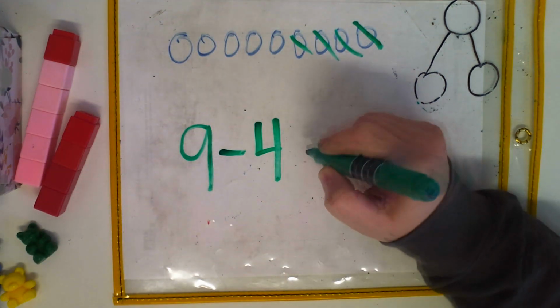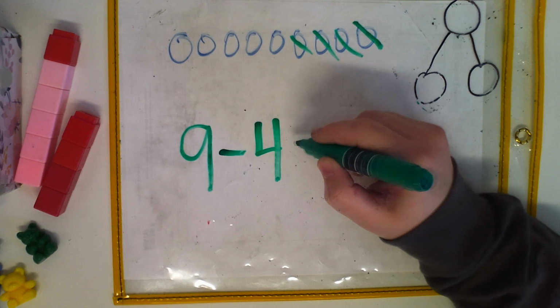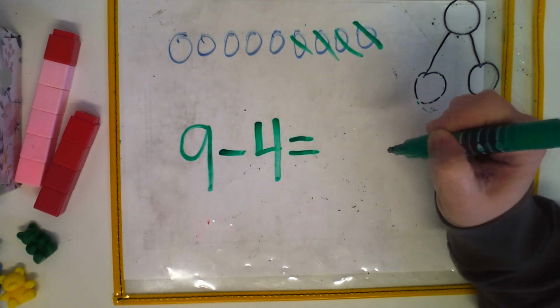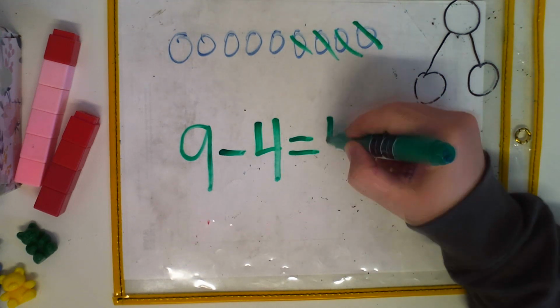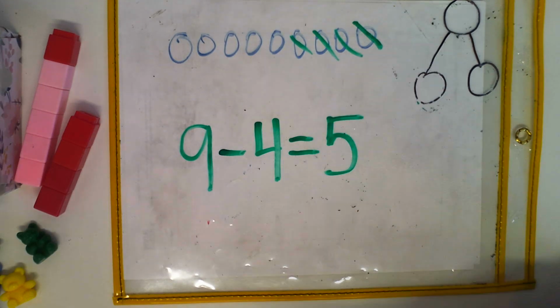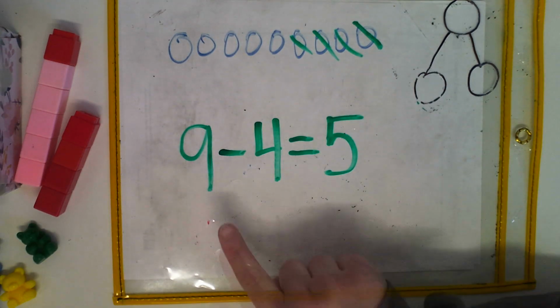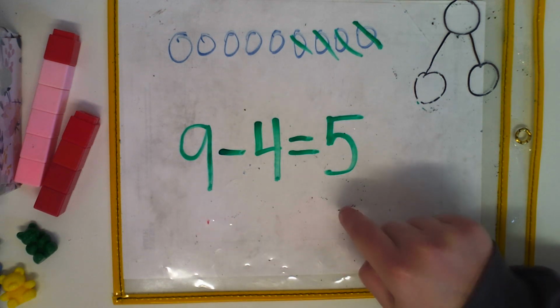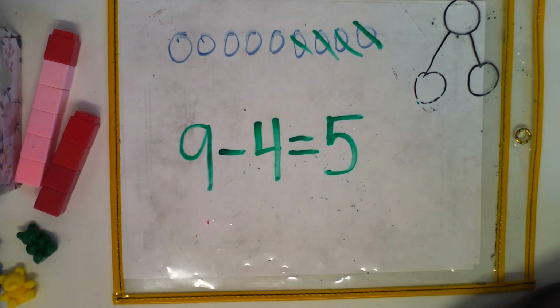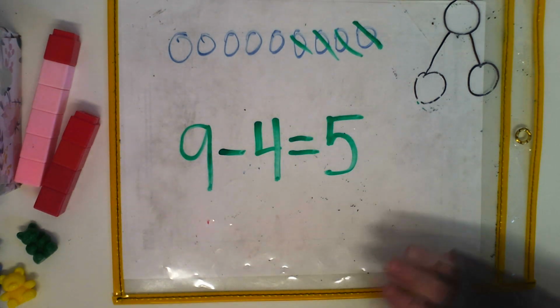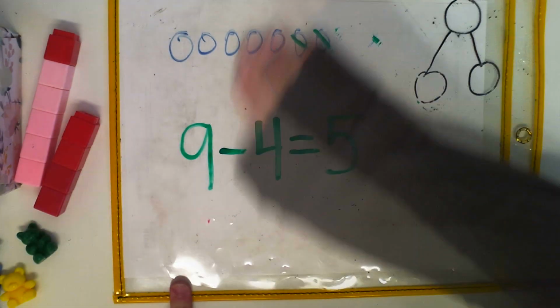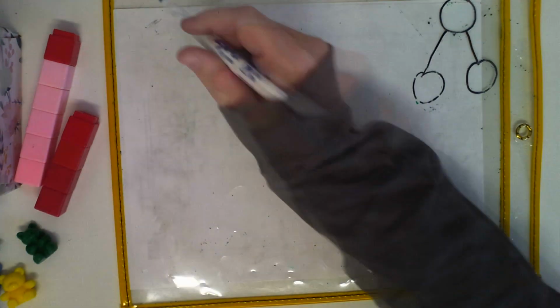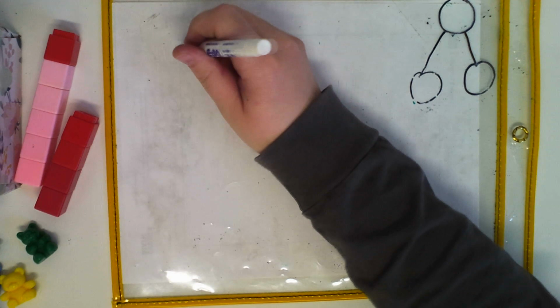So how many are left? 5. Very good. We need to make sure we say our equal sign for how many are left. That leaves 5. Let's read this. 9 take away 4 leaves 5. Very good. All right, we're going to do another story. Are you ready? Go ahead and erase. And this time I need you to draw 10 grapes for me. 10 grapes.